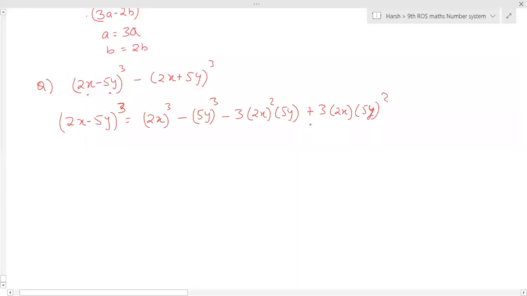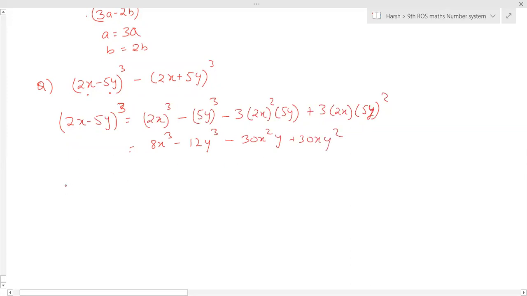If you do like this, you will get some value. Similarly, you do it for this, you will get a value, and then you subtract it. Okay, so we'll get the value. I'll tell you what the value will be. So 8x cube minus 125y cube minus 60x square y plus 150xy square.